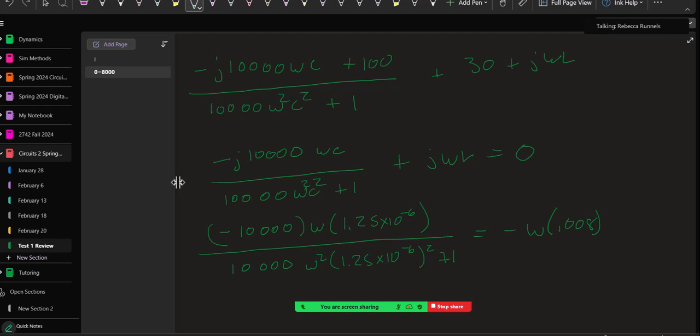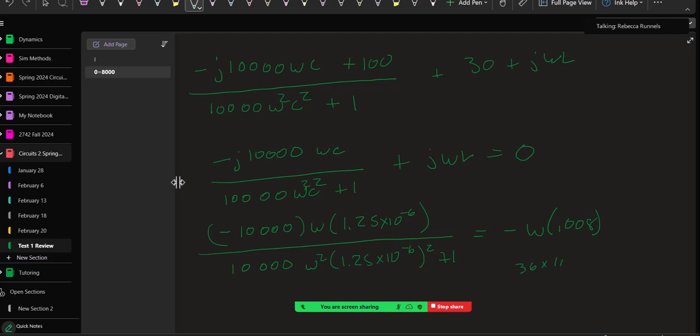And then I would end up with, I believe if you solve for this, you get 36 times 10 to the 6.